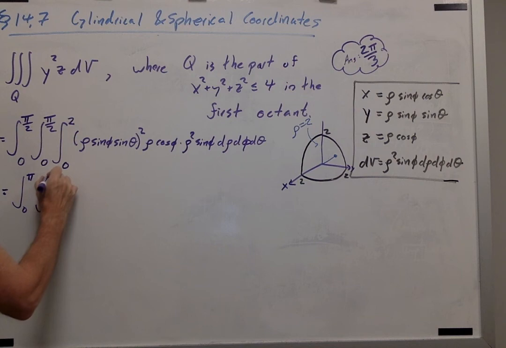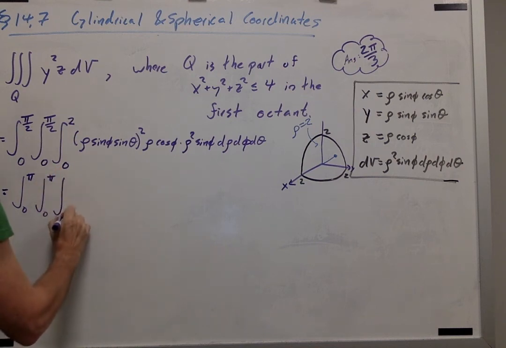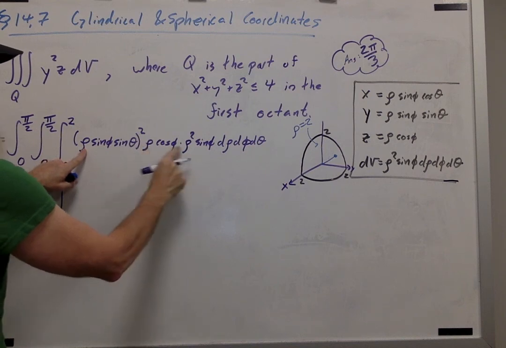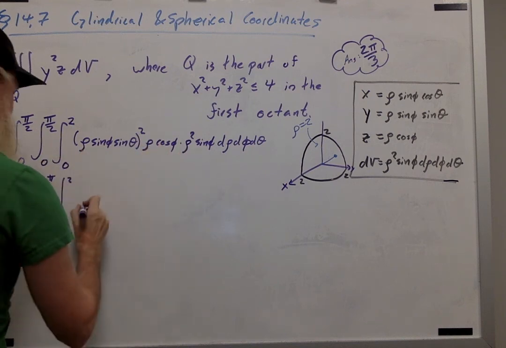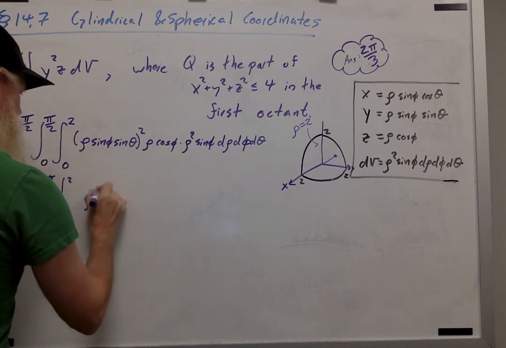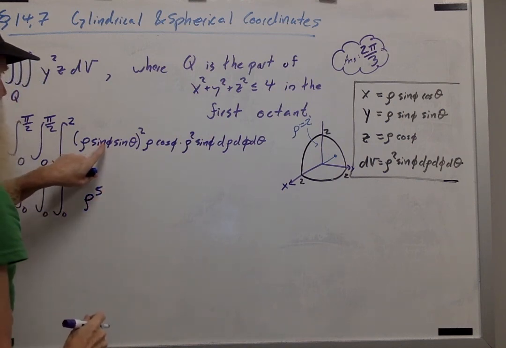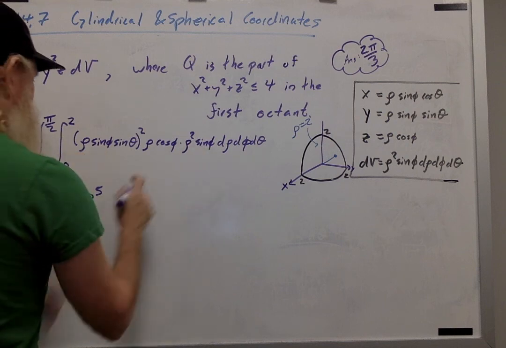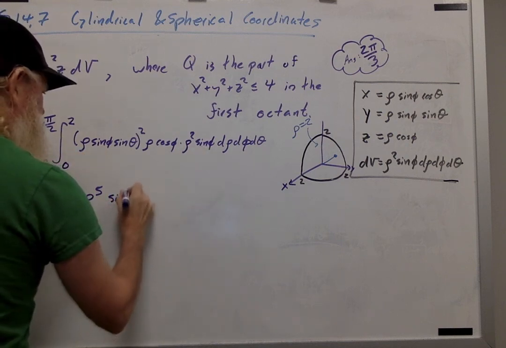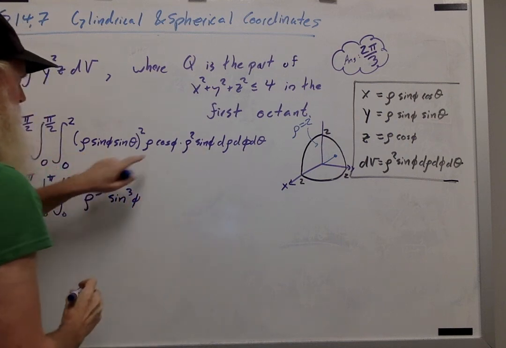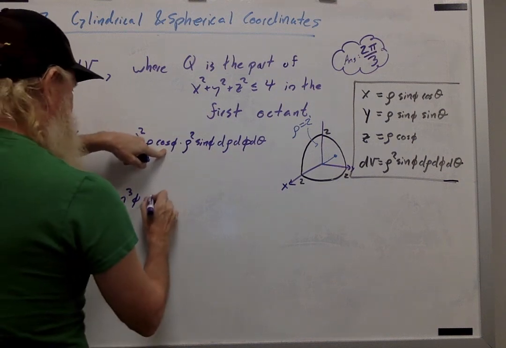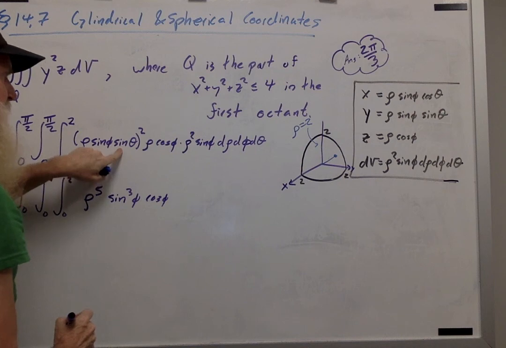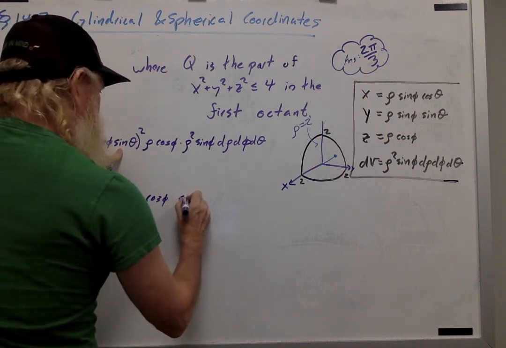Let's simplify the integrand next. I have rho squared times rho squared, which is rho to the 5th. I have sine squared phi times another sine phi, which is sine cubed phi. I have a cosine phi. And I have a sine squared theta.